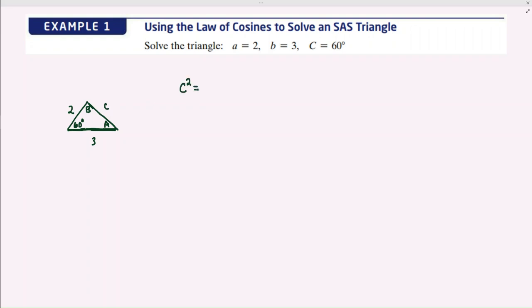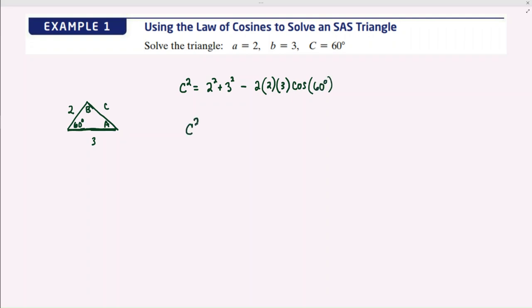So C squared is equal to 2 squared plus 3 squared minus twice the product of 2 and 3 times the cosine of the angle opposite the length C, which is 60 degrees.